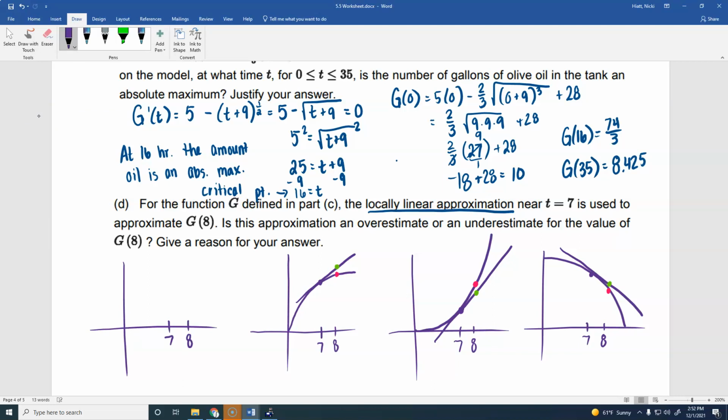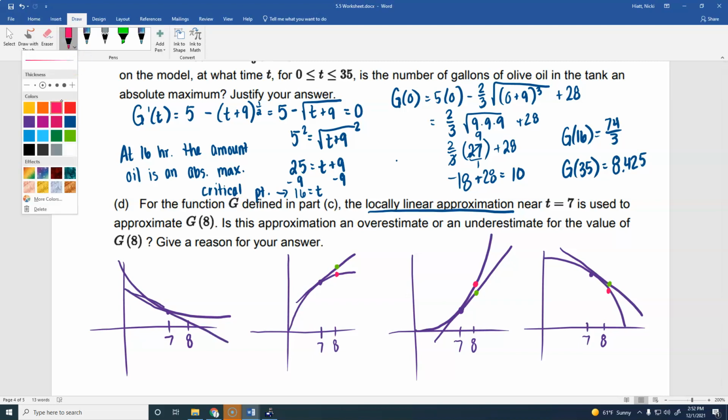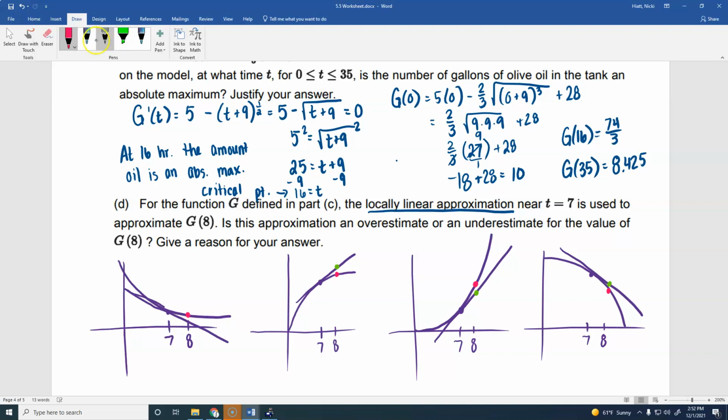And so we could have decreasing concave up. Could look like this. So the tangent line would be here. Actual, estimate.